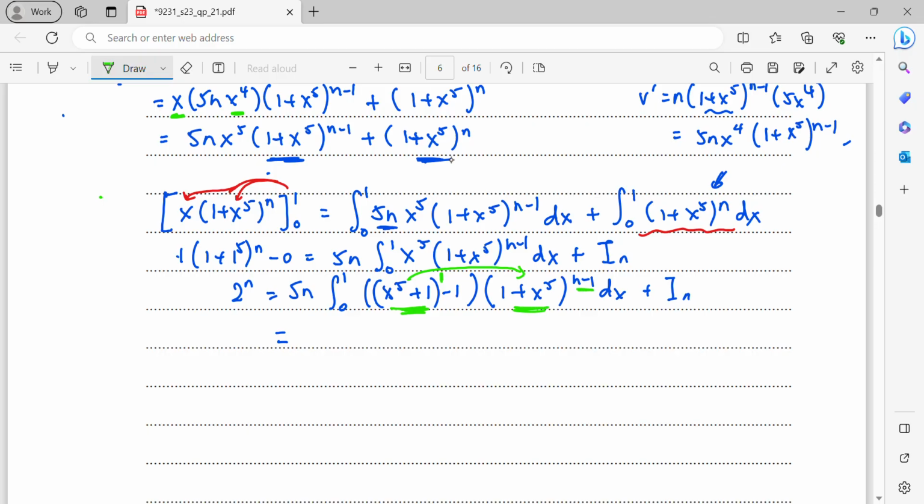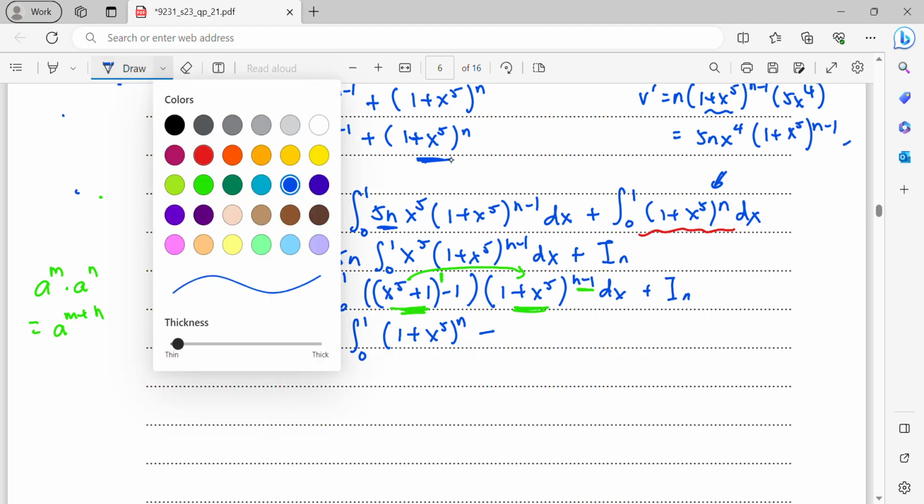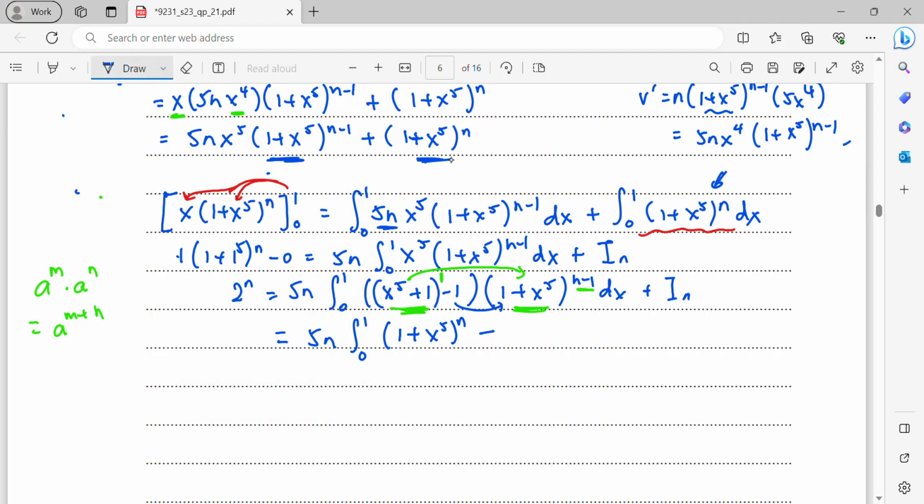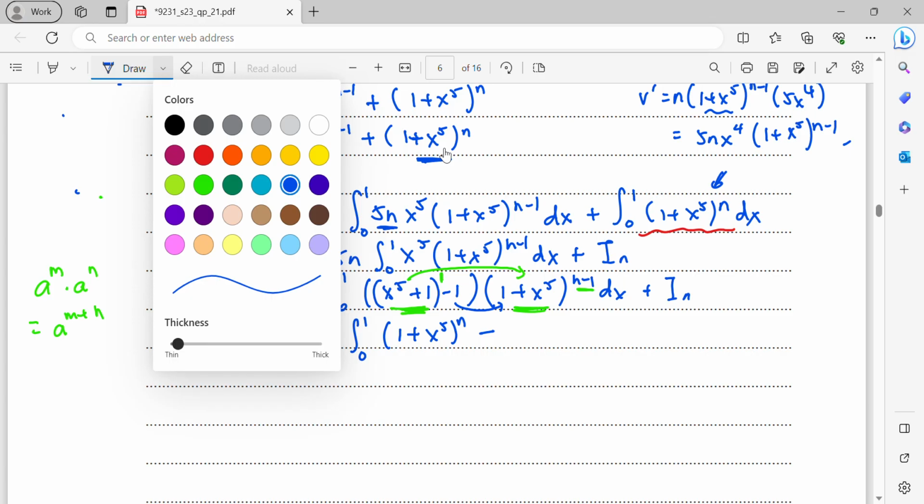So when you have same base, a^m times a^n, it will be a^(m plus n). Okay, so then from here I will get 5n integrate 0 to 1. Then when I add together, it will be just (1 plus x^5) to the power n. Okay, then minus the other expansion, which is times this minus 1 to the right side, the next term.